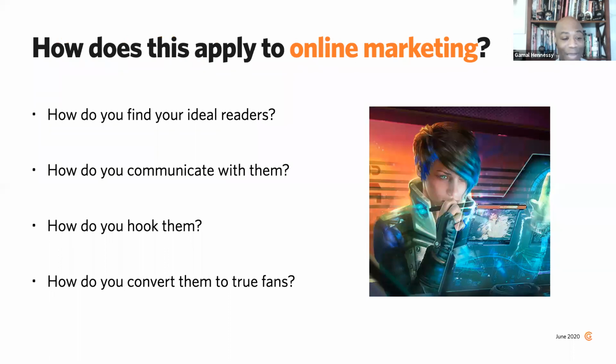The ability that you have to comment, post, chat, blog, and share content makes it possible for you to communicate with your market on a consistent basis and overcome all the challenges to market expansion that I mentioned before. Your understanding of what appeals to them allows you to match your story and your images to their interests. And the social proof that you gain from an extended interaction with them is what's going to convert your ideal readers into your true fans.